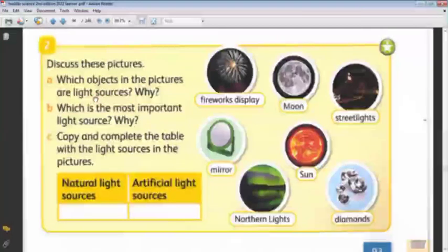The light source is a thing that can emit its own light. Anything that can give out its own light, give light from itself. Sun, yes, very good. So the light source may be like the sun. And the northern light is also a light source.